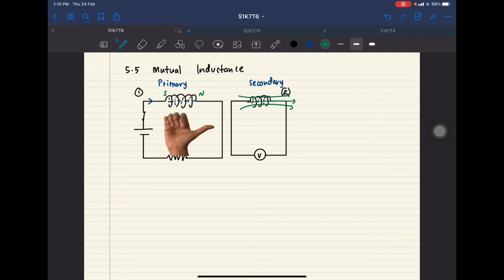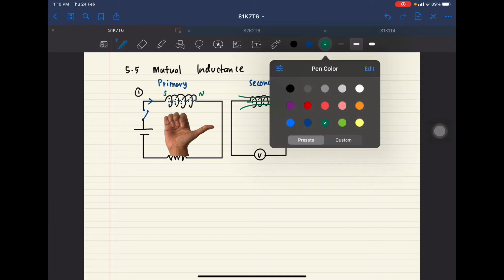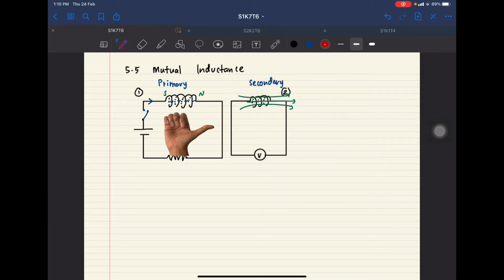But now what happens when I start to change the magnitude of the current? Let's say I switch off, I pull out the switch, so this is not a complete circuit, so the current will decrease, and the magnetic field will decrease. Initially you have a magnetic field in that direction, now you have a magnetic field induced because there's a change in magnetic flux, right?